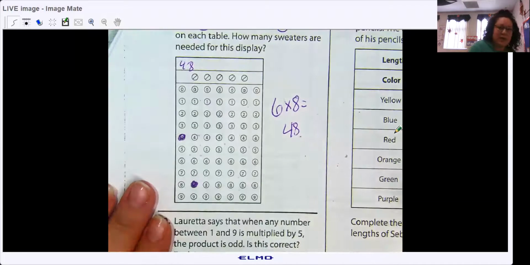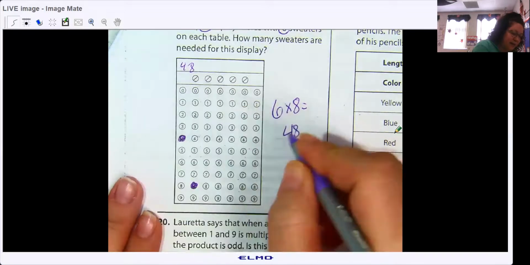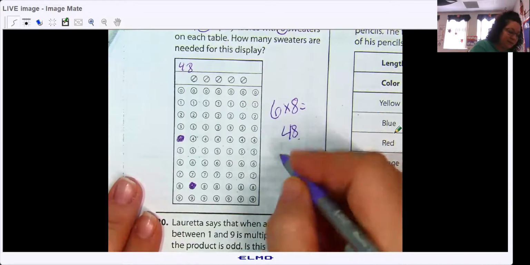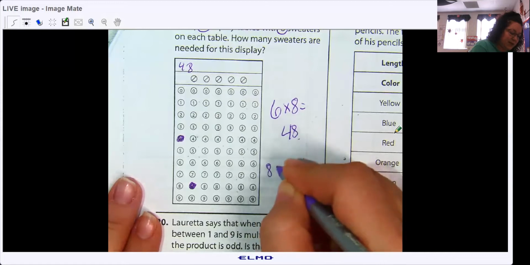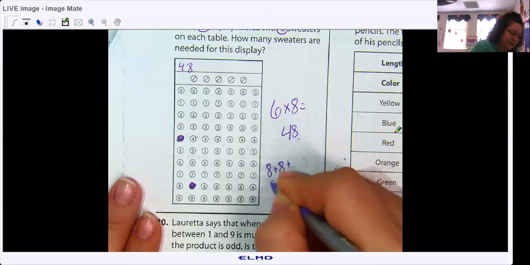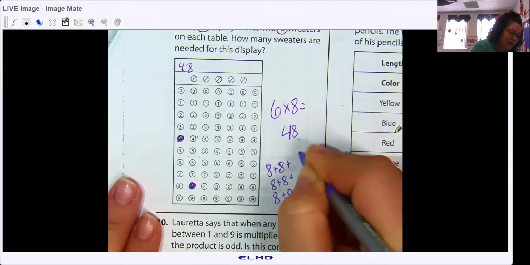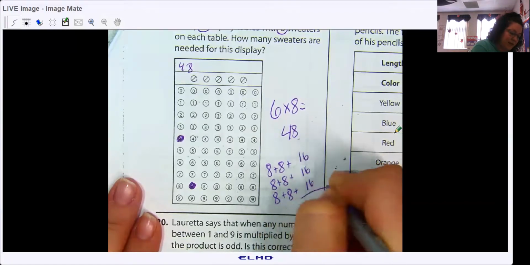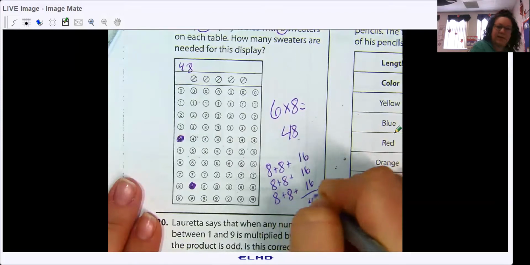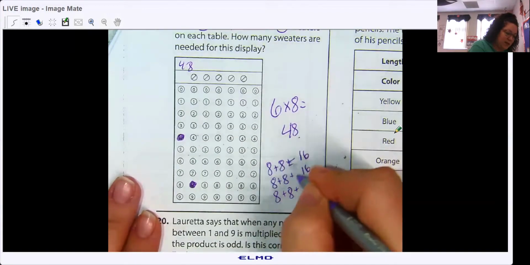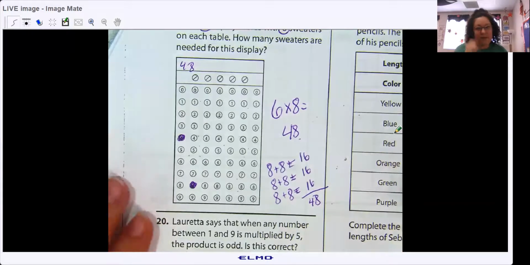Again, with the bigger numbers like the times 8, 6 groups of 8. Add them up and you get 48.